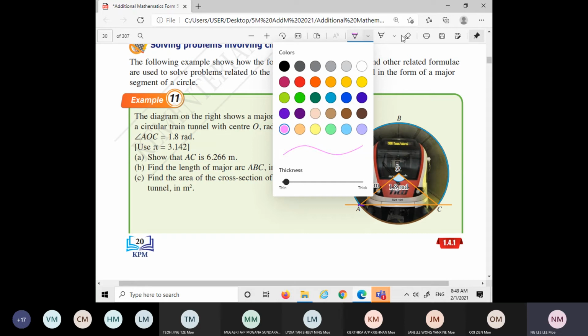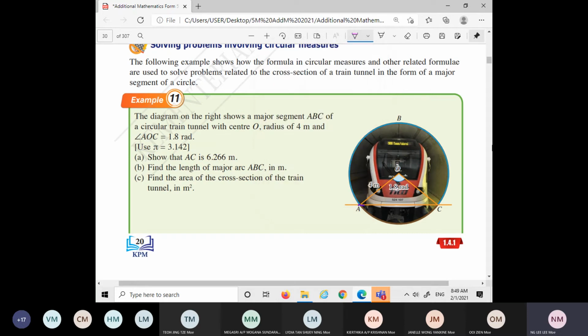Okay, I use back this purple color. Okay, here. This one is minor segment, the smaller piece. So the other side. Okay, can see what I draw. Here, this is major segment ABC.